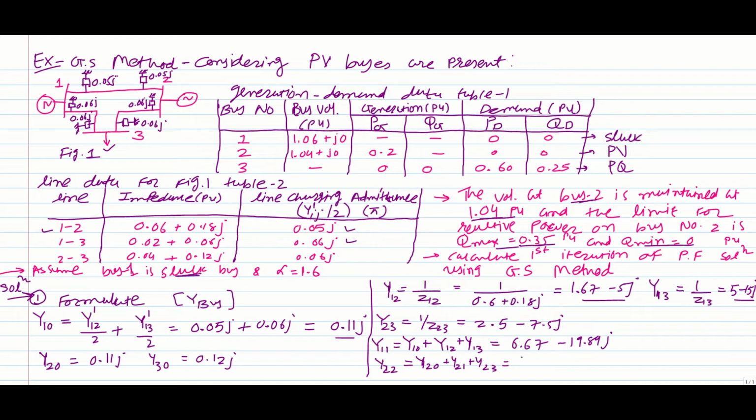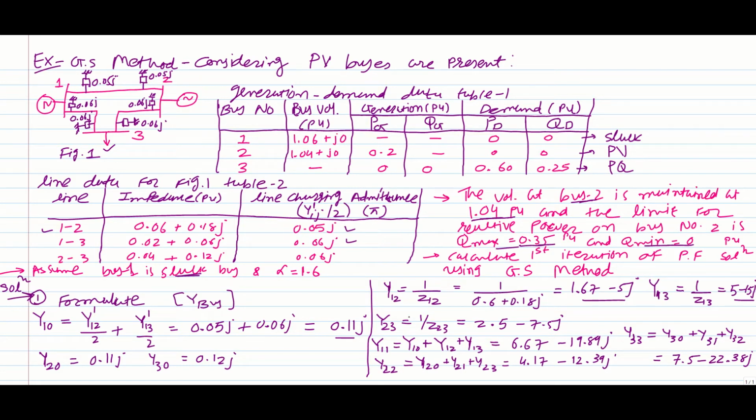So the final answer is 4.17 minus 12.39 J. And the last diagonal element Y33 is equal to Y30 plus Y31 plus Y32, which is equal to 7.5 minus 22.38 J.